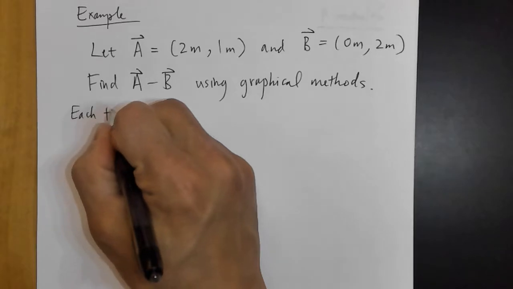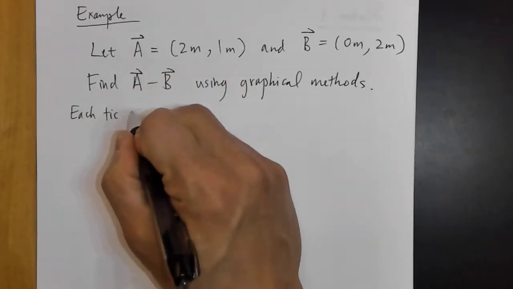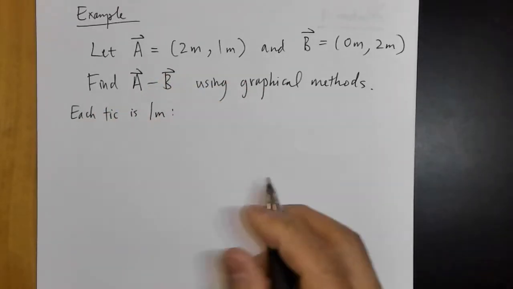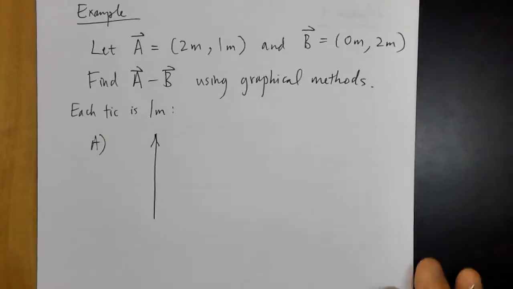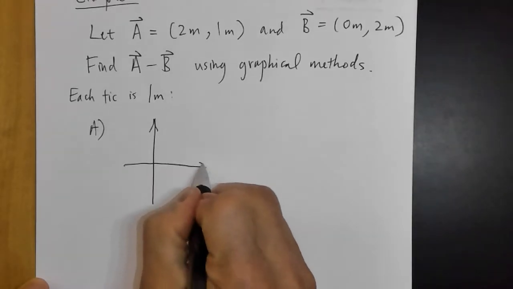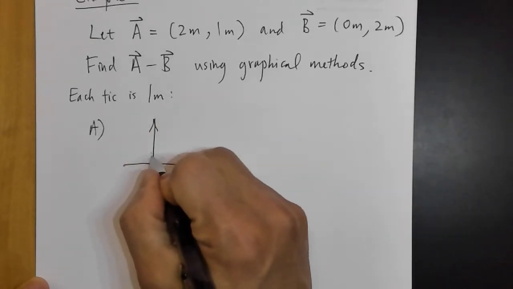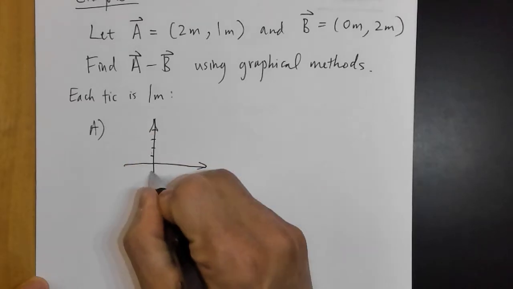Okay, and so I'm going to make some plots. Each tick on the x-axis and the y-axis is 1 meter. And the choices will be, okay, this requires drawing a lot of stuff here. Multiple choice graph stuff is kind of a pain.